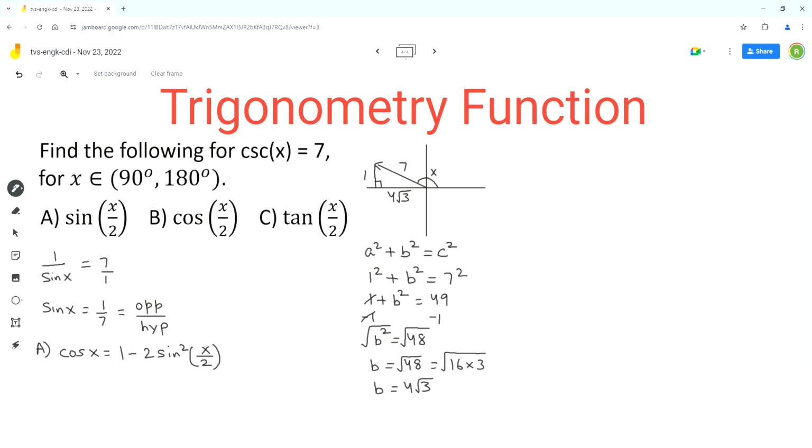In quadrant 2, cos is negative, and the formula for cos is adjacent over hypotenuse. So on the left side, we can write, for the reference angle in this triangle, the adjacent side length is 4 square root 3 and the hypotenuse is 7 units long. We have to isolate sine x over 2 from this equation.